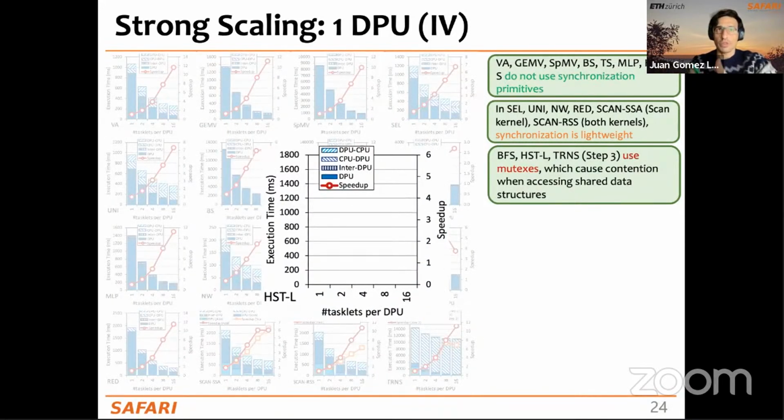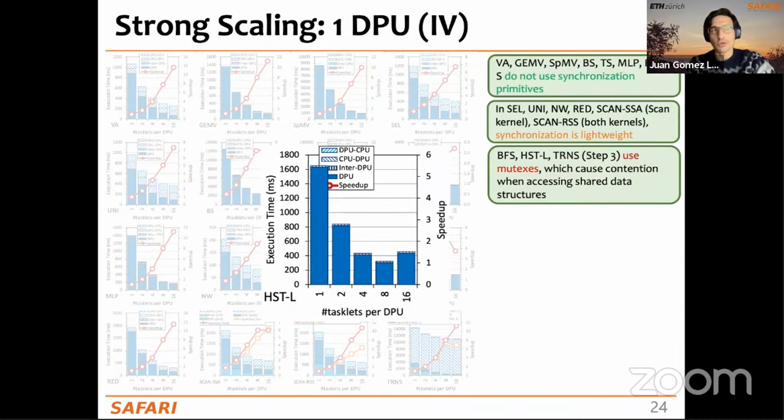And yeah, let me give you a particular example. In this case, one of the versions of histogram. This is called HSTL, L coming from long, because this version is more suitable for longer histograms.